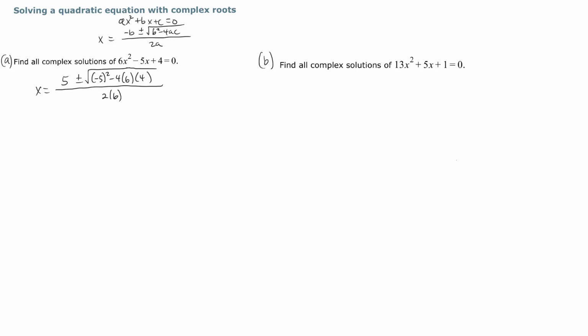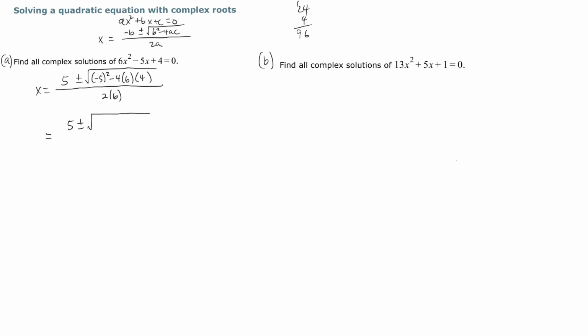Let's see what this yields. The next expression is 5 plus or minus the square root of 25 minus 24 times 4. What is 24 times 4? 96.